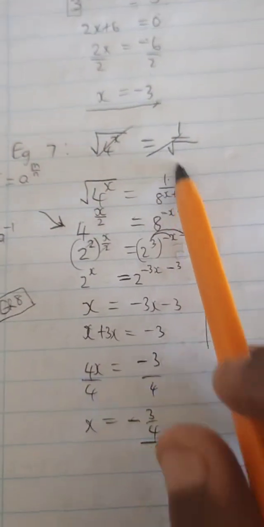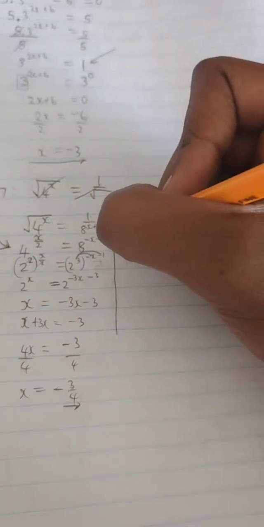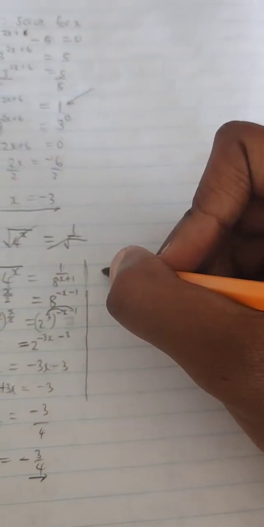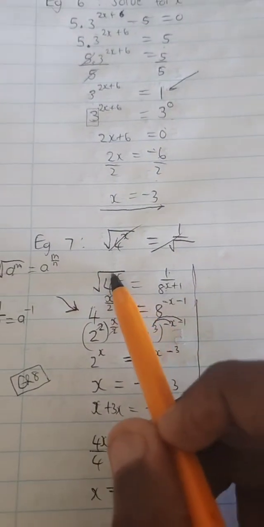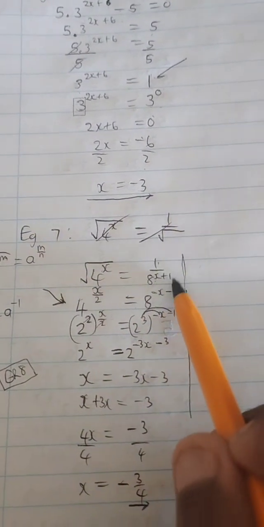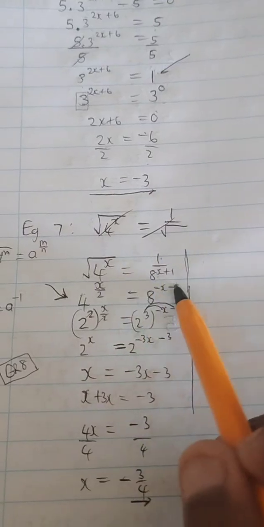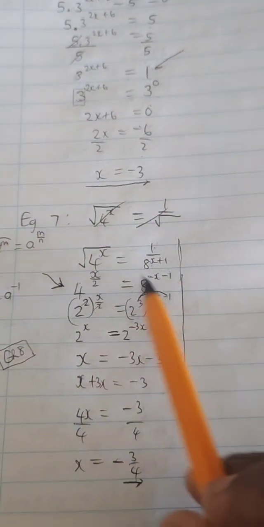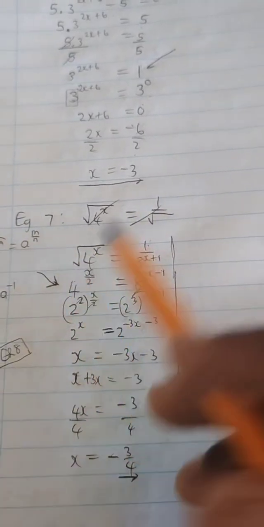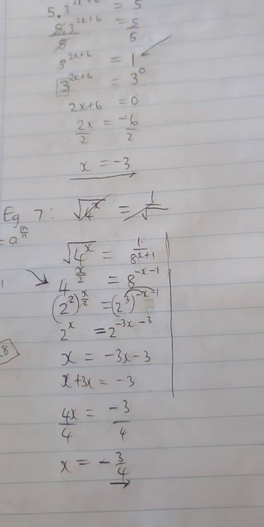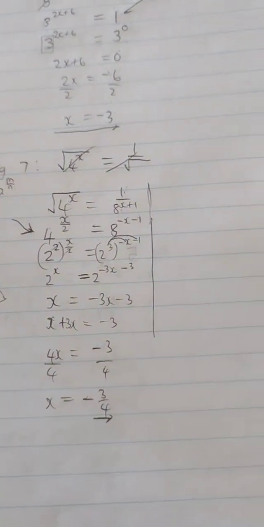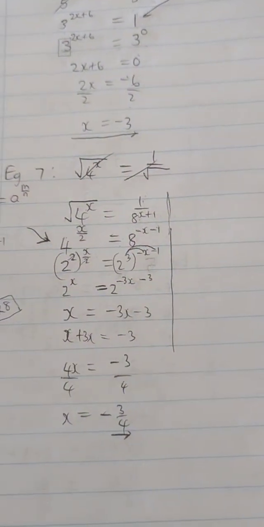Now, I said there are many ways you could do this problem. Some people could look at it in this way. You can cross multiply. This is 1 over, with 8 to the power x plus 1 in the denominator. You could cross multiply, isolating 1 on the right. You change all the bases to base 2, and then you do your distribution, and you should still get to the very same answer, negative 3/4.